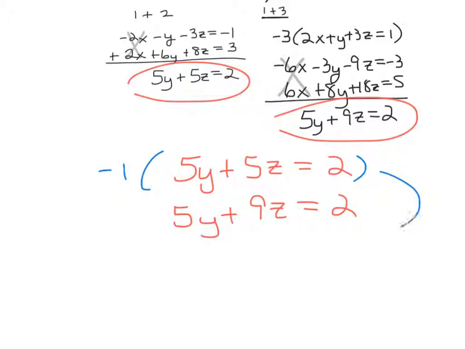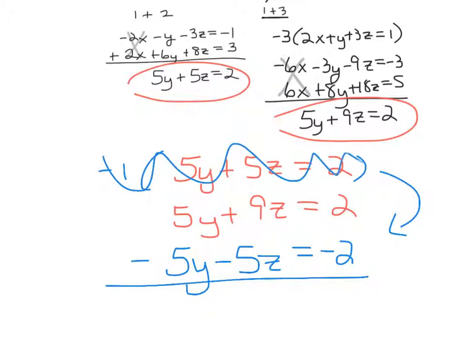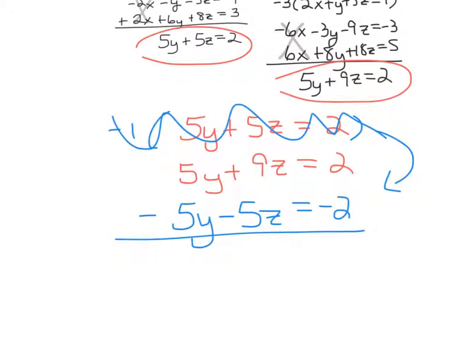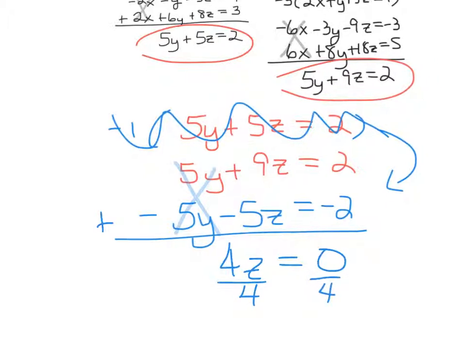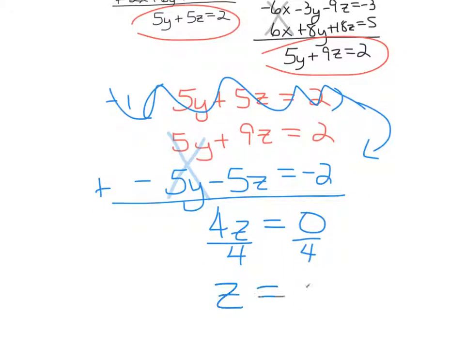So my new multiplied equation, I'll write it underneath. So -5y minus 5z equals -2. Let me move this out of the way. So now I'll add up and down. The y's cancel. And I'm left with 4z equals 0. Divide by 4, z equals 0.